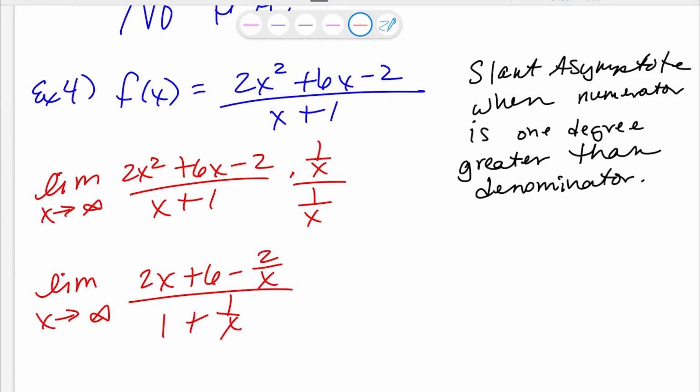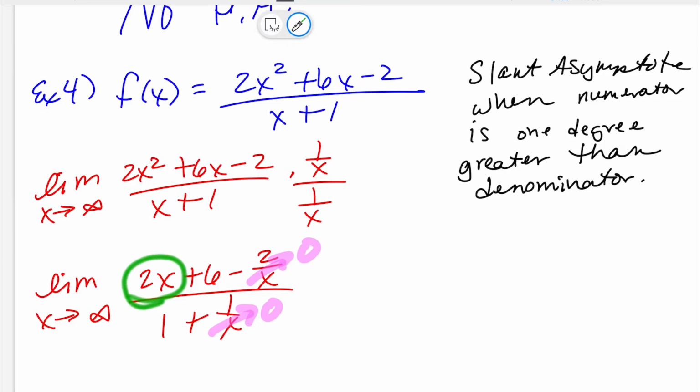Again, all these go to 0. Because this is a positive infinity, this whole thing is going to go to infinity over 1, which is just infinity. However, look what happens whenever I take this to negative infinity.